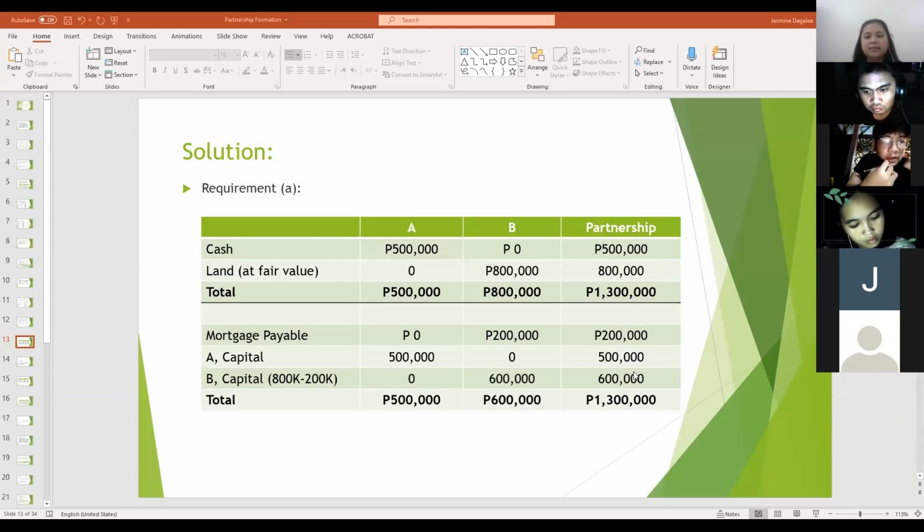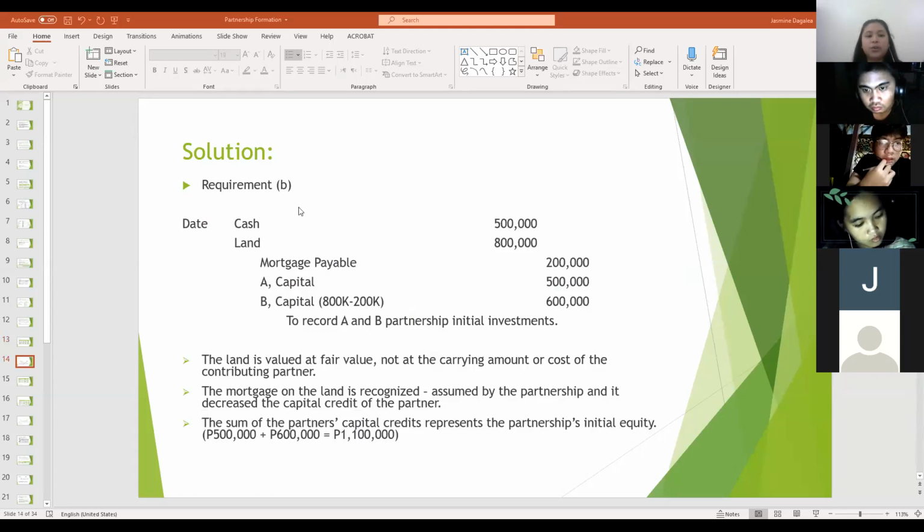So, balance. Okay? So, yung requirement B, ang journal entry is debit cash, 500,000. Debit land, 800,000, the fair value of the land. Credit mortgage payable, 200,000. Credit A capital, 500,000. Credit B capital, 600,000.